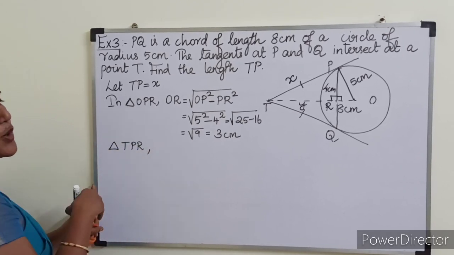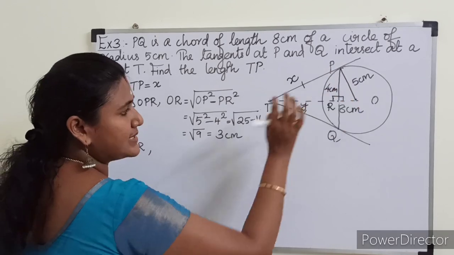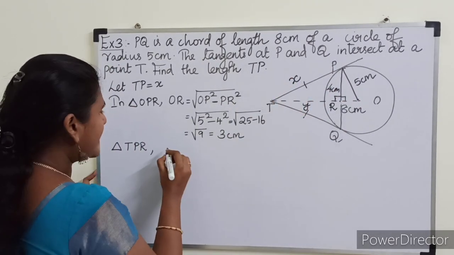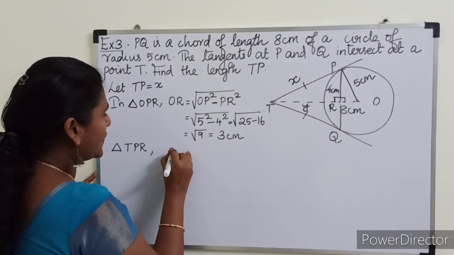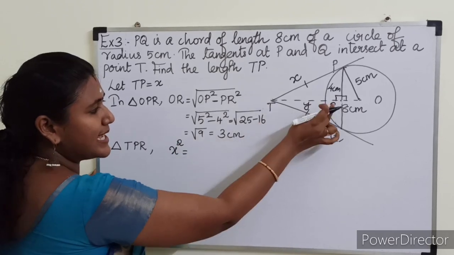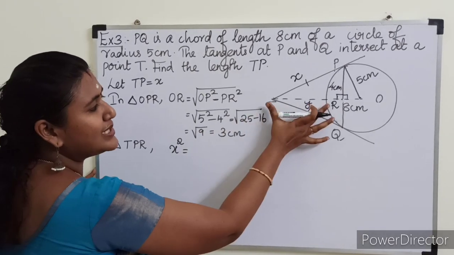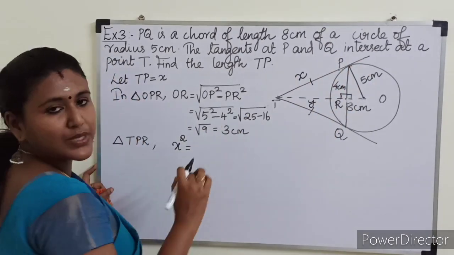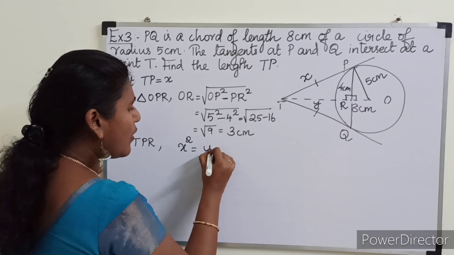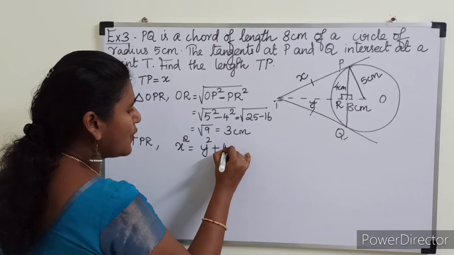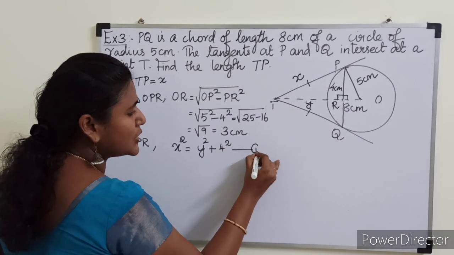Here also we use the Pythagoras theorem. The hypotenuse is x, so x square is equal to TR square plus PR square, that is y square plus 4 square. This is the first equation.